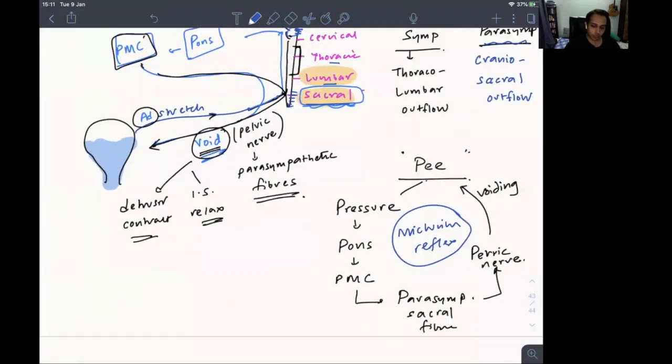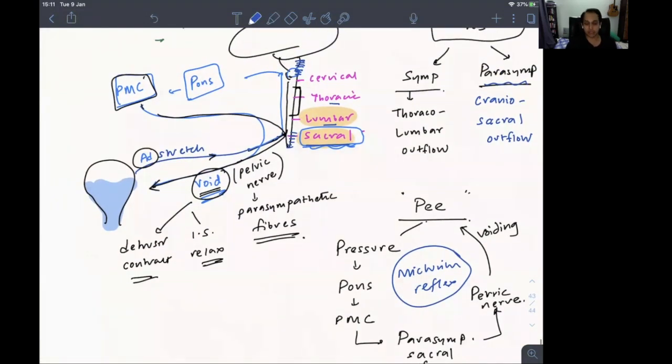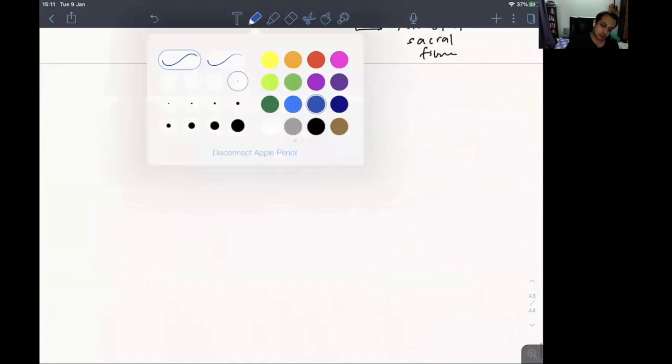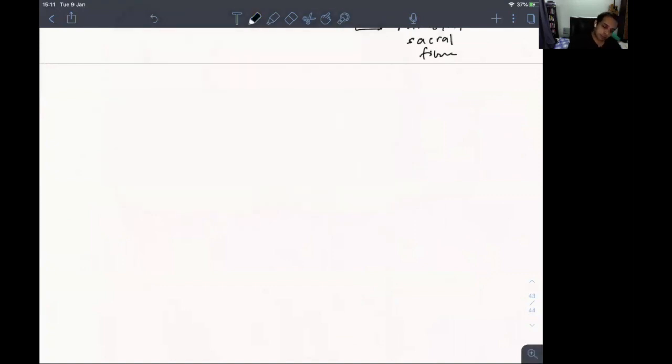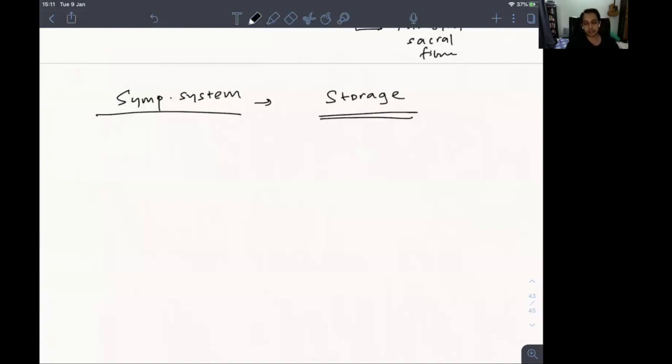Now, what does the sympathetic system have to do with this? So the sympathetic system has the opposite role. The sympathetic system is trying to store the urine. So it is a storage state, whereas your parasympathetic is a voiding state.